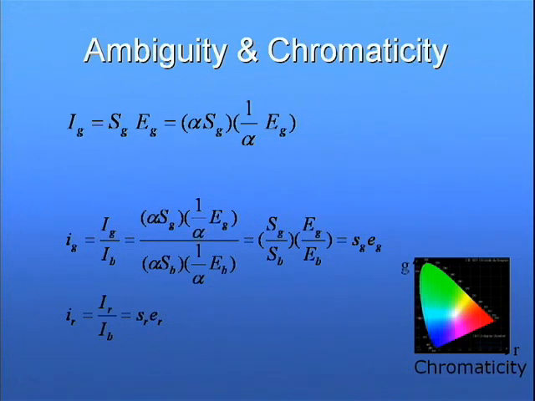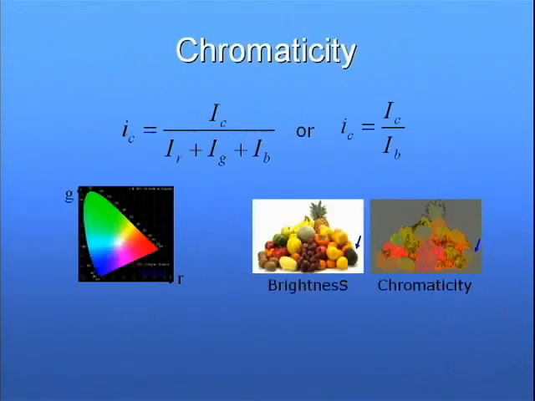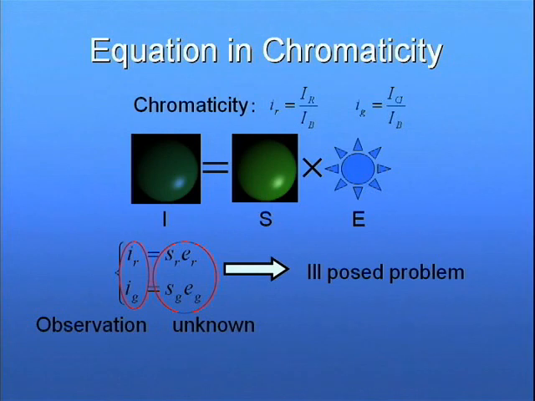The green channel is divided by blue, and the red channel is divided by blue. Then we can cancel out this kind of illumination effect. And still, in this chromaticity space, the previous product of surface color and illumination color works.